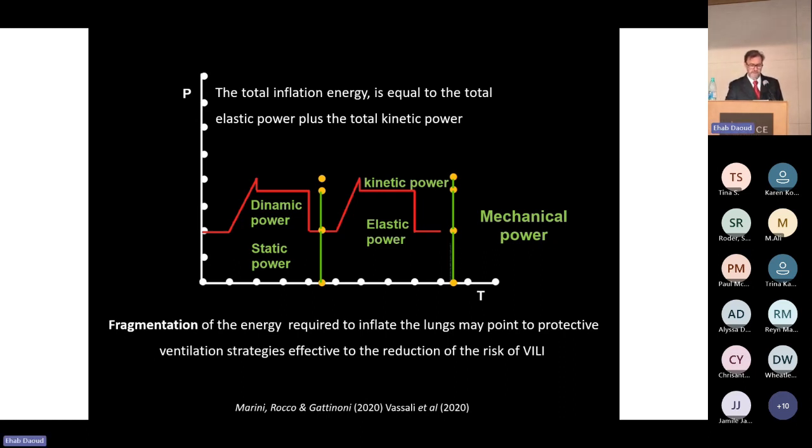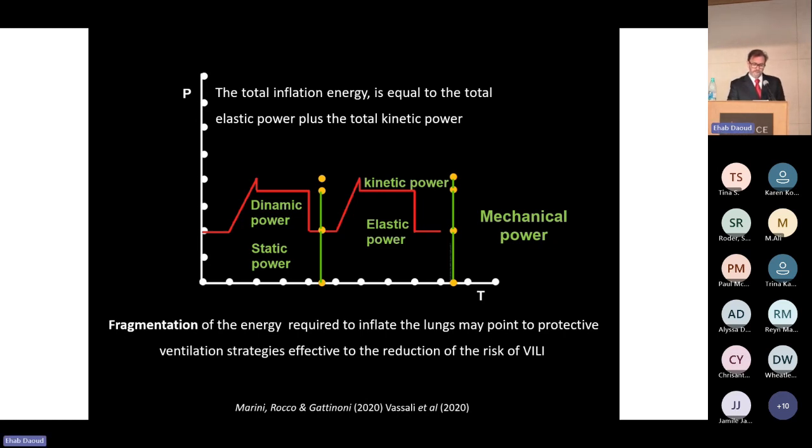This Cartesian graph shows pressure on the vertical axis and time on the horizontal axis. Static power corresponds to potential energy stored in the respiratory system by the PEEP. Dynamic power corresponds to the energy necessary to inflate the lungs. The sum of dynamic and static power results in elastic power.